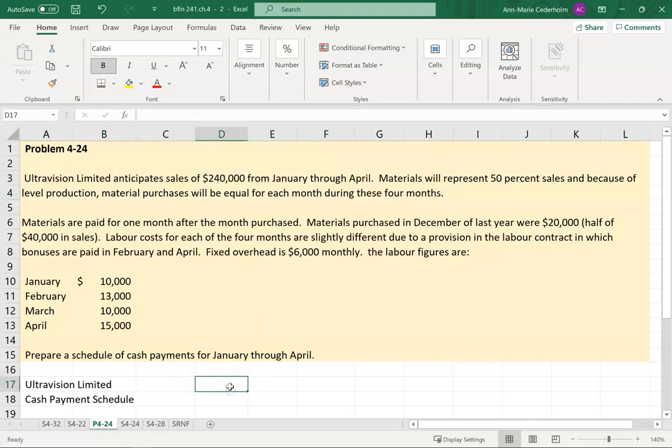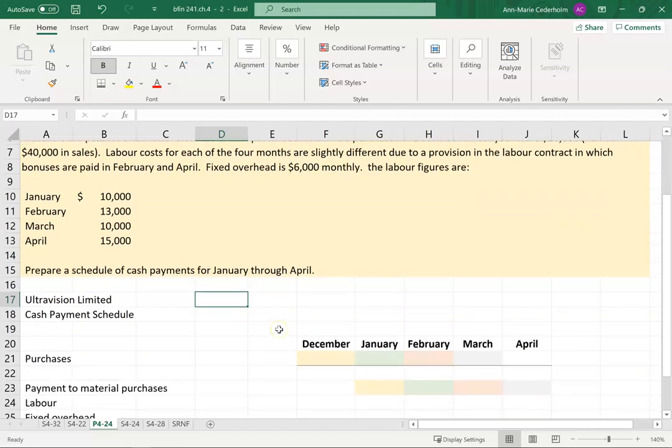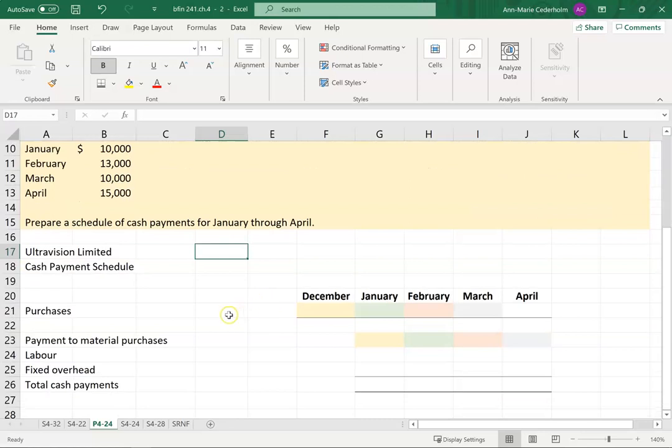Okay, and then it says materials will represent 50% of sales, and because of level production, material purchases will be equal for each month during these 4 months. This is a little bit complicated the way that they said this, but let's try and make sense of it.